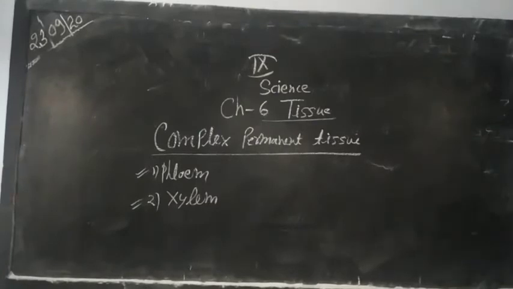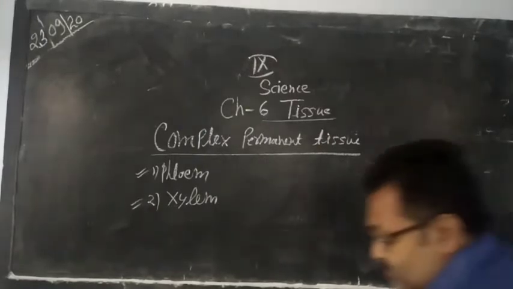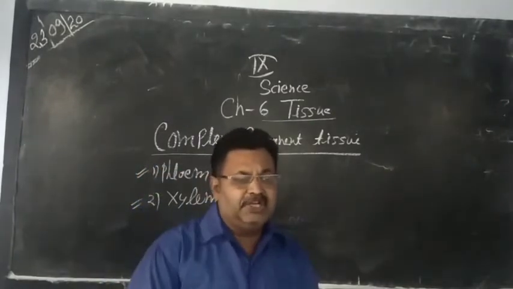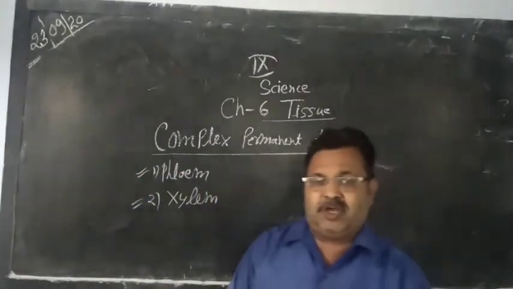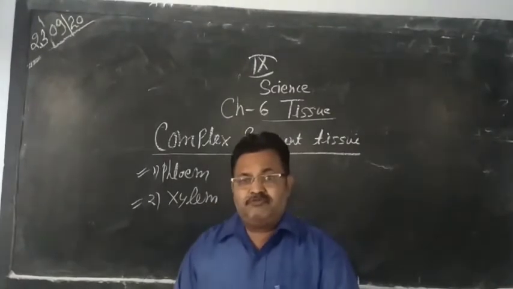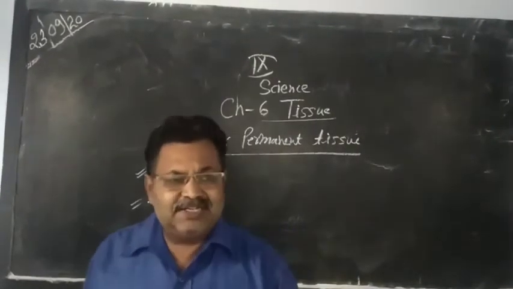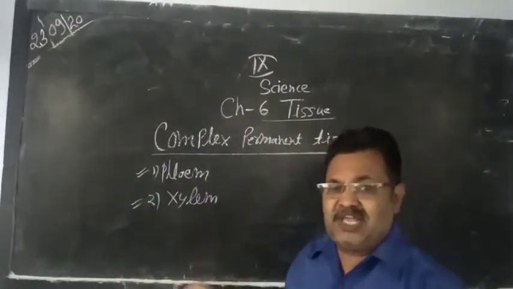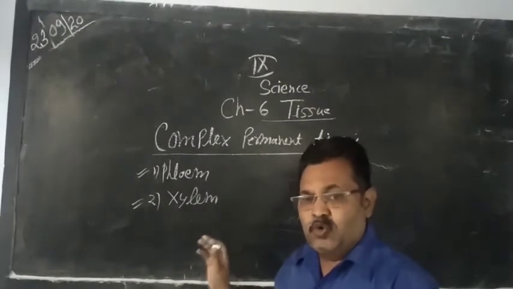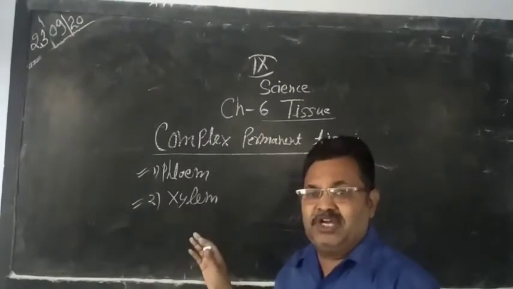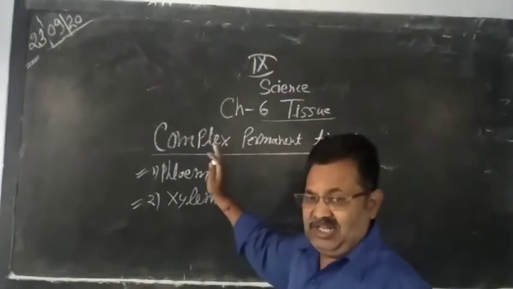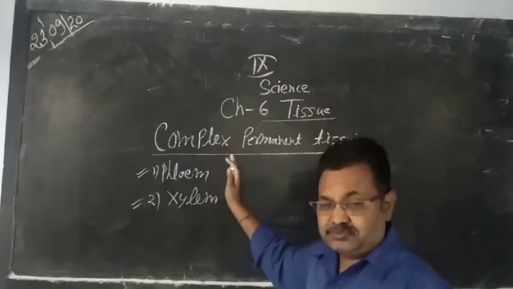They conduct food material from the leaves to the different body parts of the plant. So phloem conducts food, and xylem is also a conducting tissue. It conducts minerals and water from the roots to the different parts of the plant. So these two complex permanent tissues are the conducting tissues.